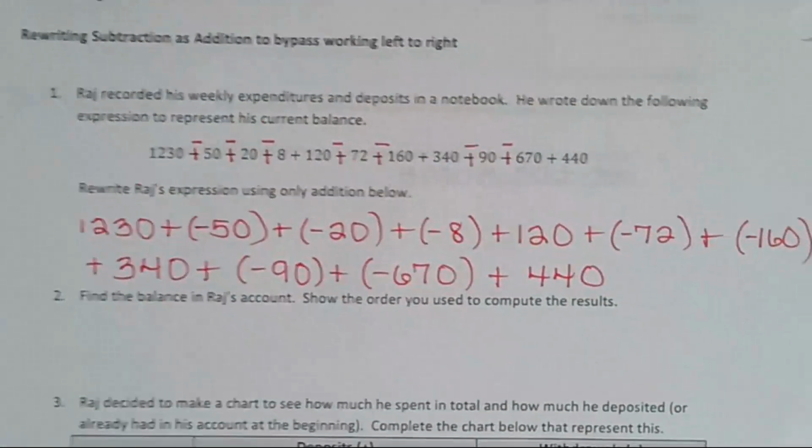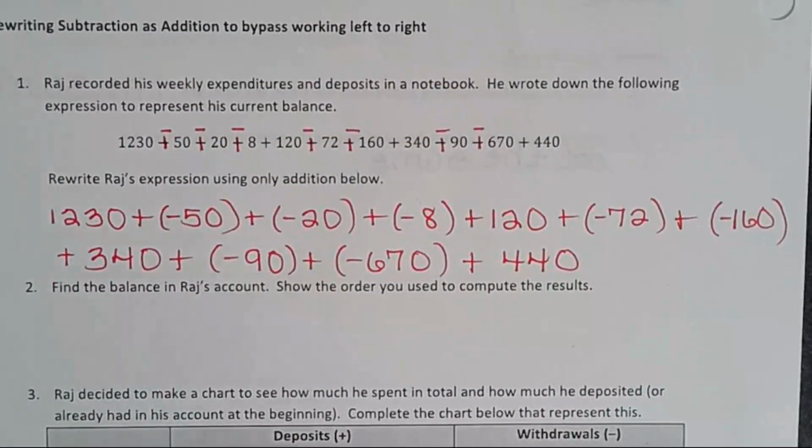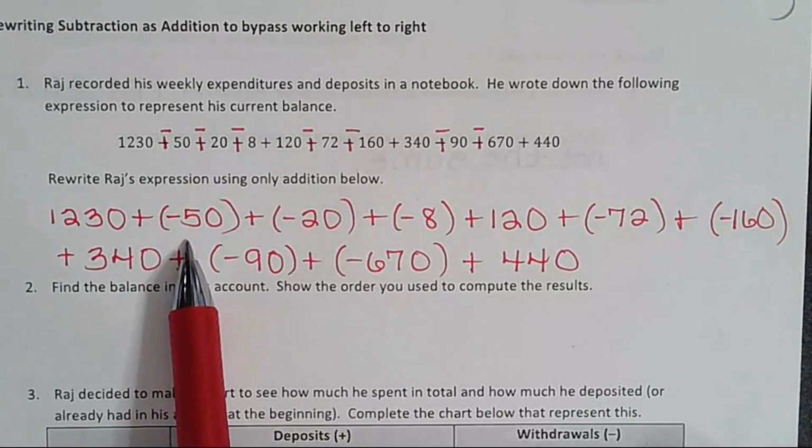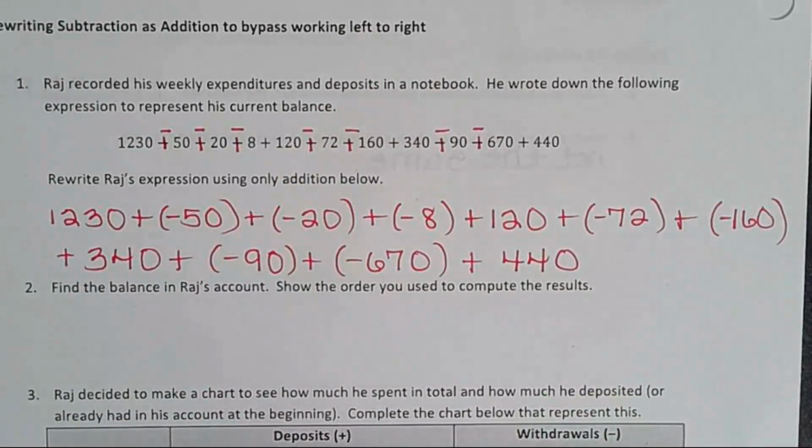And then that way we can easily see which are positive, which are negative, because they're going to show us a fast way to do this, because most students would just jump in and start going 1230 minus 50, 1180 minus 20, but there's a much faster way to do that.